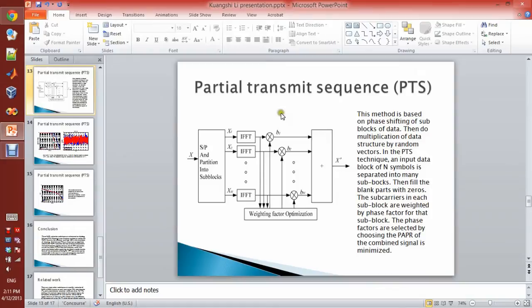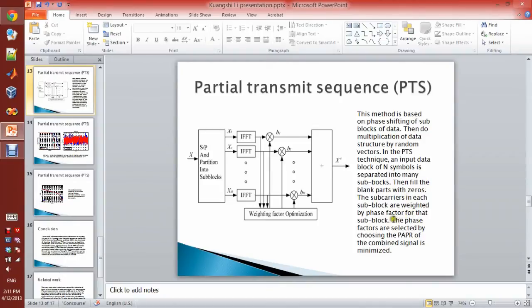The third technique I use is the partial transmit sequence. This method is based on phase shifting of blocks of data, then multiplying by random vectors, just like SLM. But for PTS, the input data block of N symbols is separated into many sub-blocks.